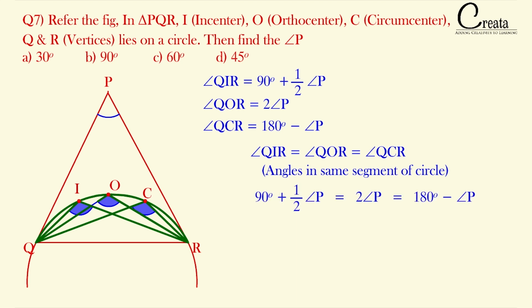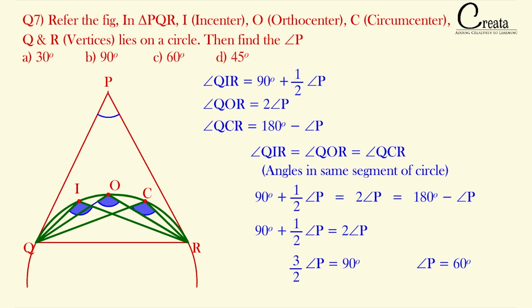All these three angles will be equal to each other. Further, we got these equations. Okay, we can take any two random equations and we can solve for the angle P. Let's take the first two equations. On solving, we got angle P as 60 degree. That is the answer of the question.